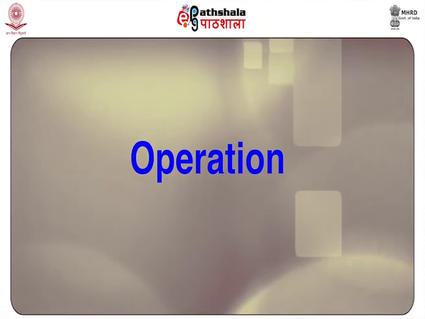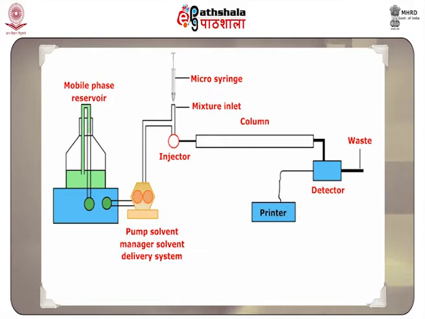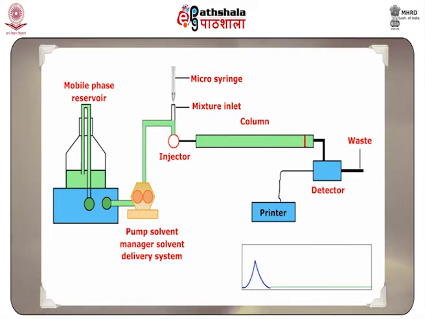Now, the operation. The sample under analysis is introduced in the column along with a stream of mobile phase. The different mixture components elute out of the column at different rates on the basis of their relative affinity towards the stationary phase, which in turn depends on the chemical nature of each component as well as the nature and the composition of the mobile phase and stationary phase.